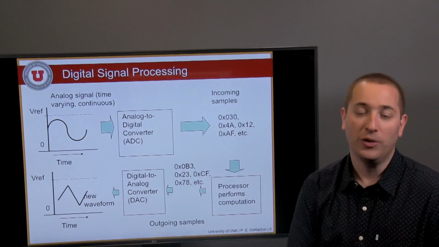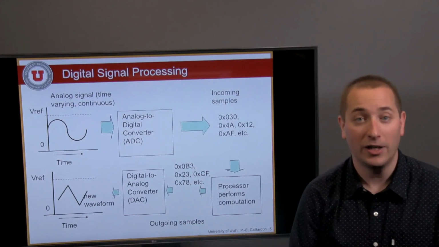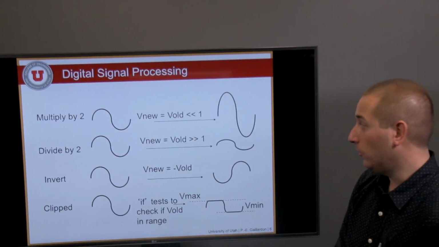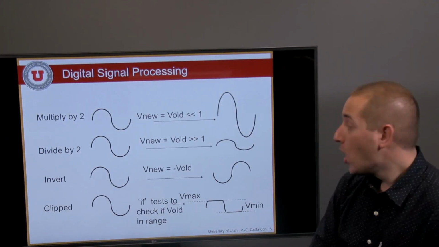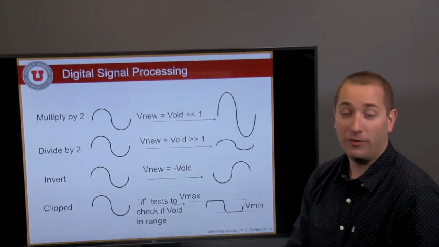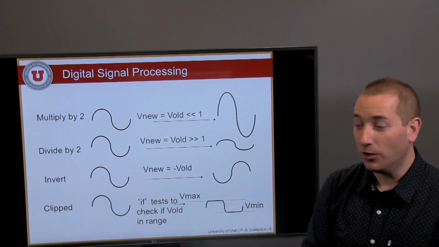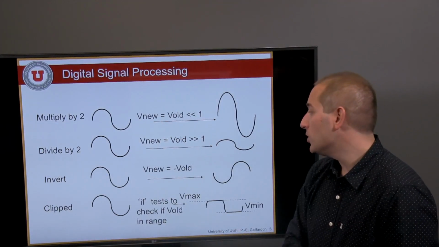Why is this process interesting? Well, it turns out that your signal processing will be simplified quite significantly on many fronts. Here's an example. Multiplying a signal by 2 is actually multiplying the digital value by 2, which is just a single bit shift to the left. Same goes for a division by 2.